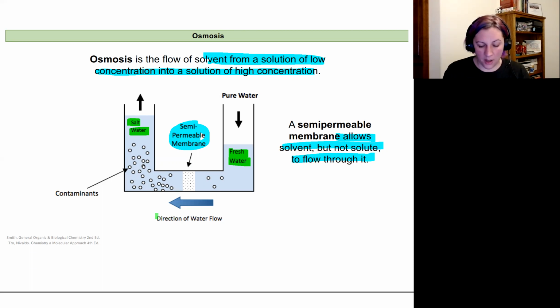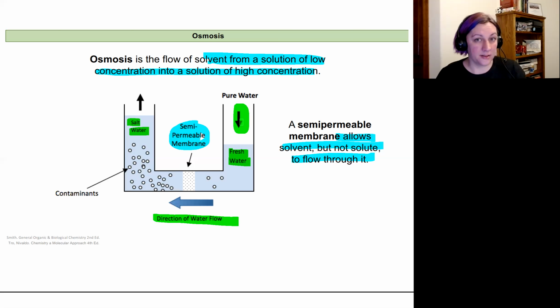We see our less concentrated solution, our pure water in this case, decrease in volume as we increase the volume of our more concentrated water, because the water is diluting that solution by passing across the membrane. And this is osmosis, this drive for water to flow across that membrane to the more concentrated side.